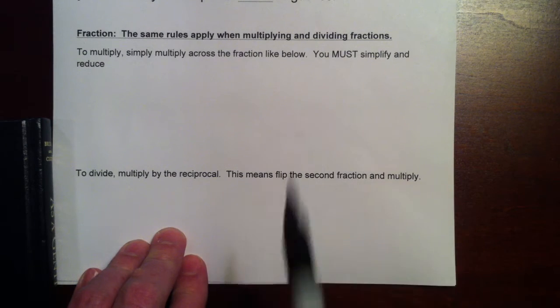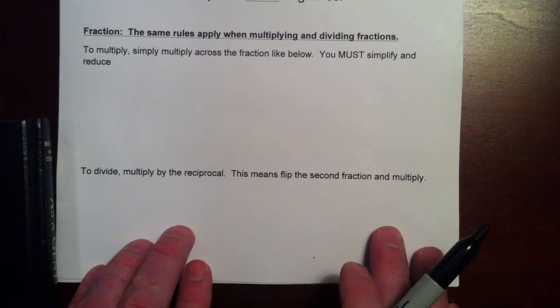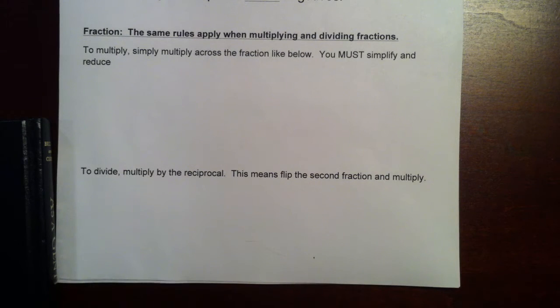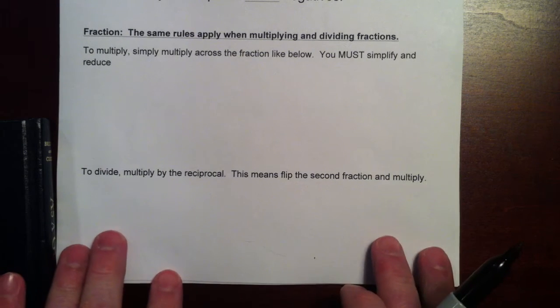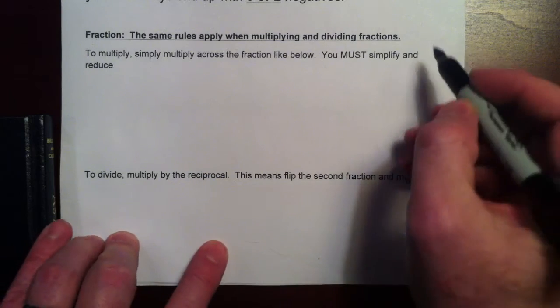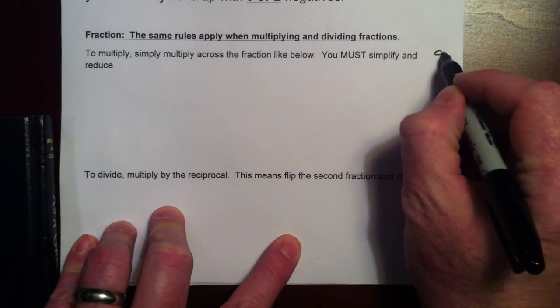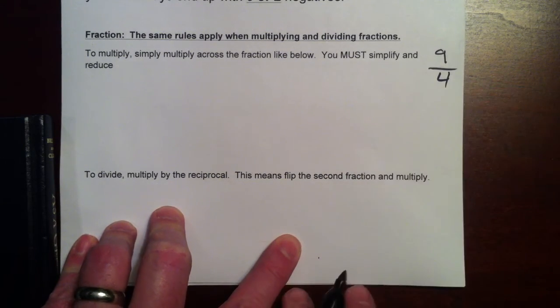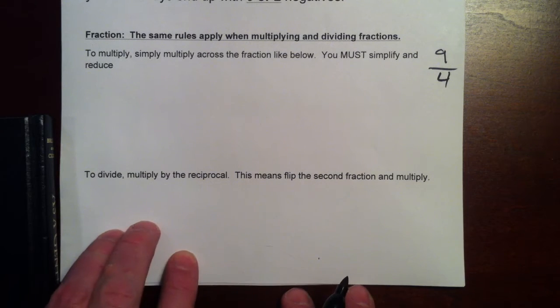You must simplify and reduce, though. Remember, if you do not simplify and reduce a fraction when you're multiplying or dividing, it is dead wrong. You are also not allowed to have any improper fractions. An improper fraction is something like this, where you have a 9 over 4. You must reduce that. Okay, and we'll show you more of those in just a second.